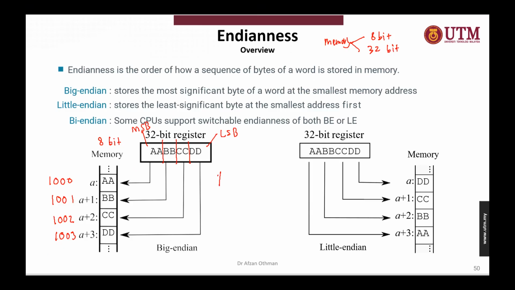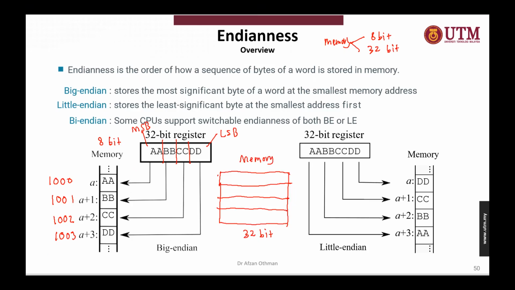Don't get confused about how to store data in the 8-bit and the 32-bit memory configuration. For the 32-bit memory configuration, assume that this is your memory. The memory size is 32-bit.